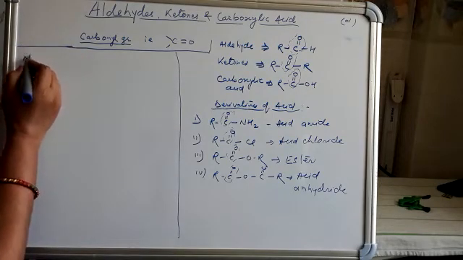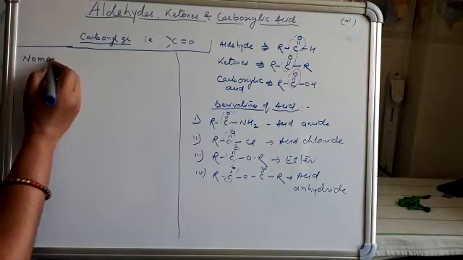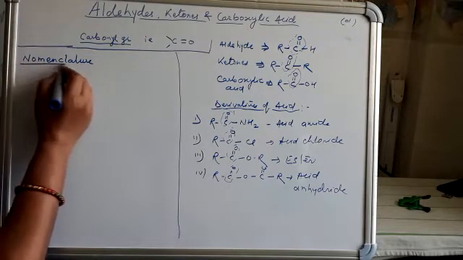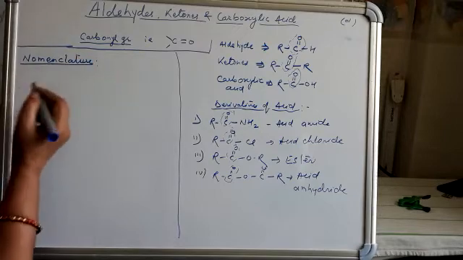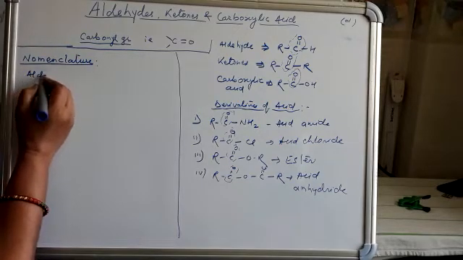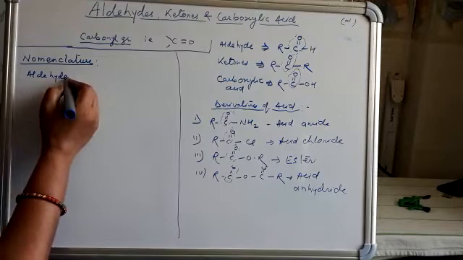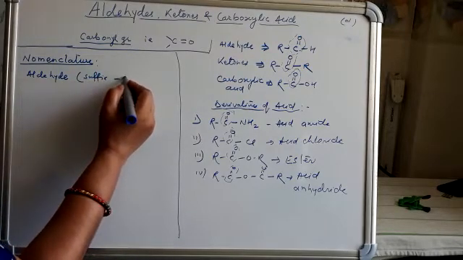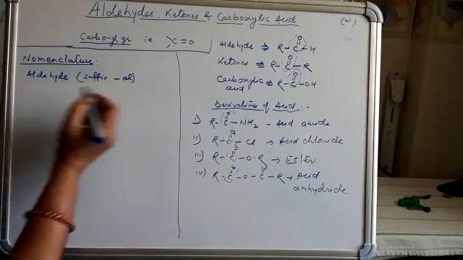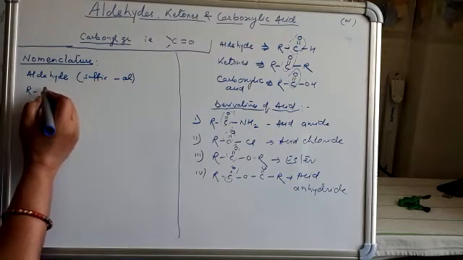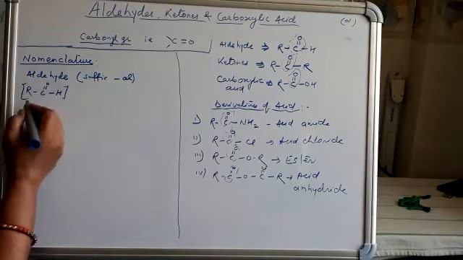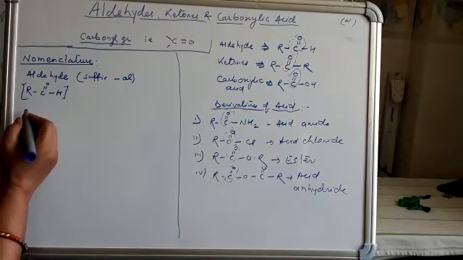Nomenclature. Aldehyde: the suffix, we all know about this, is called al, and the formula is R-C double bond O-H.